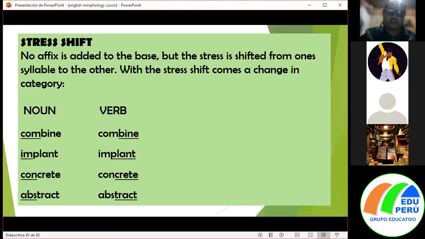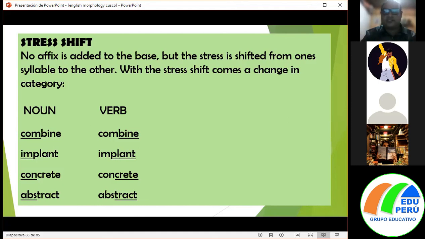For example, there is another one that is loaning. Loaning is when you borrow some words from another language. Nowadays it's getting so used because we are in a globalized world and we adapt many words from different languages.